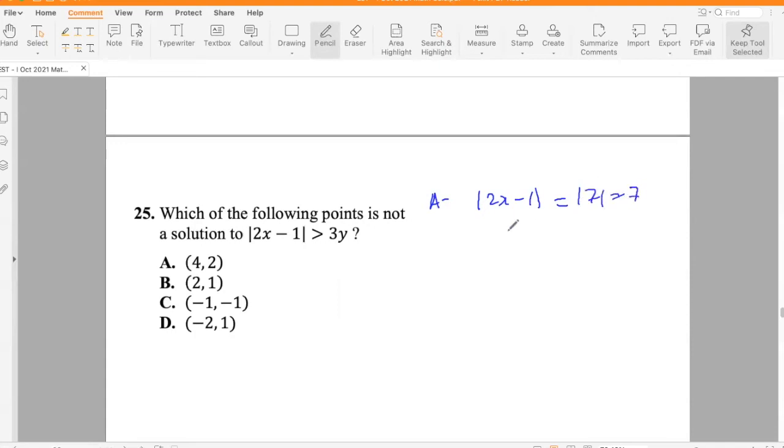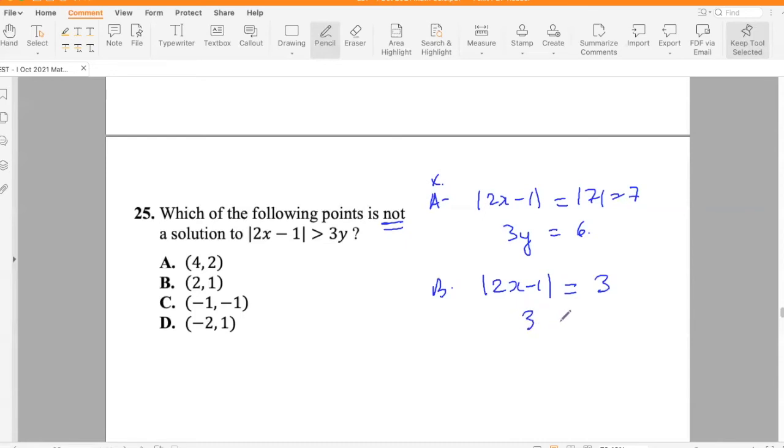So that's 7. And 3y would be 6. So 7 is greater than 6. So this cannot be the answer. Absolute value of 2x minus 1 in option B is 2 into 2, 4 minus 1, 3. So that's 3. And 3 into 1 is 3.